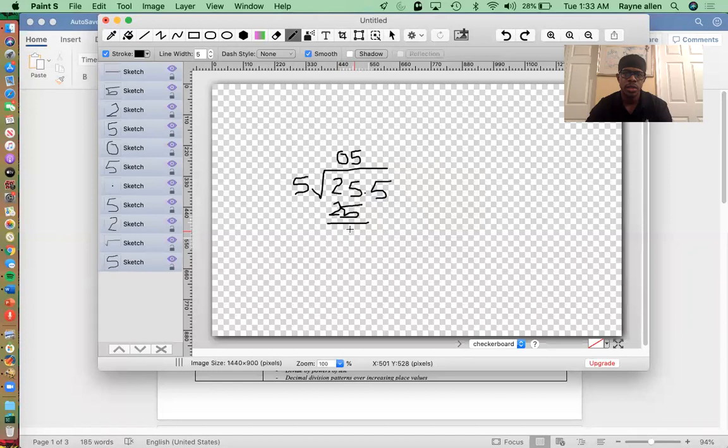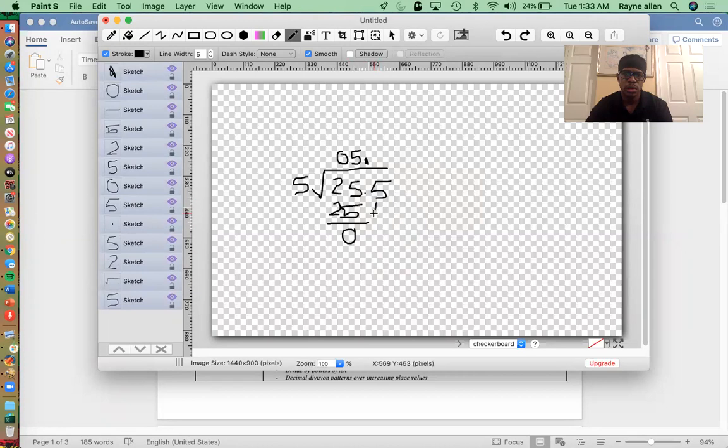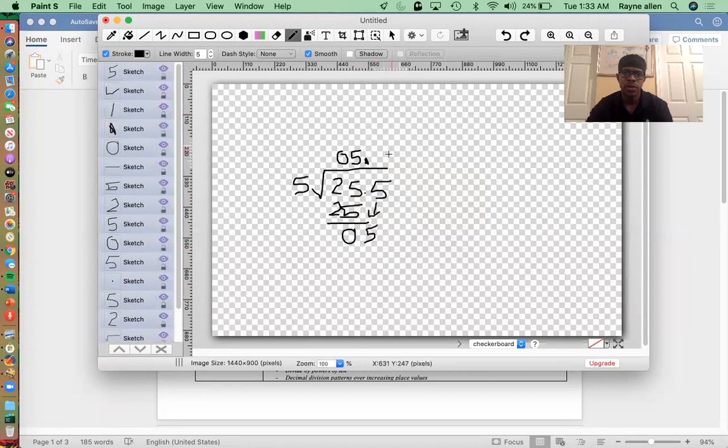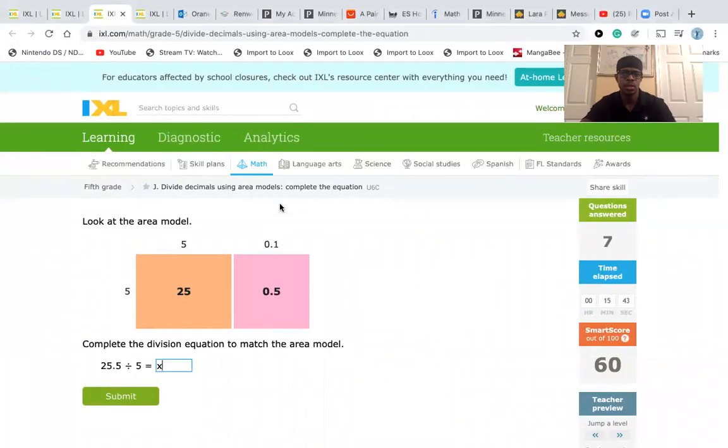You subtract, you get 0. You line that decimal point up, put it back. You carry down the 5. 5 can go into 5 one time. 1 times 5 is 5. Subtract, 0. So we get 5.1. So 25.5 divided by 5 is equal to 5.1.